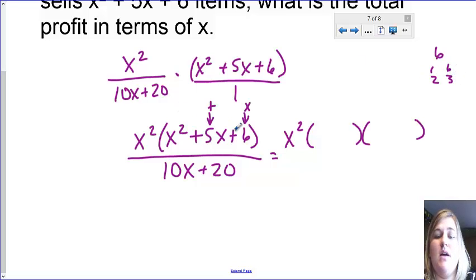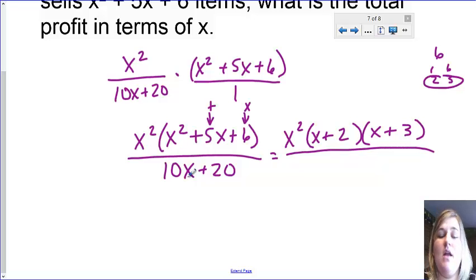Because these are both positive, I know I have to have positives in here. So the only way I can have both positive and get 5 is 2 and 3. On the denominator, I can factor a 10 out of both. If I take a 10 out, I'm left with x in the first part, and 20 divided by 10 is 2 for the second part.